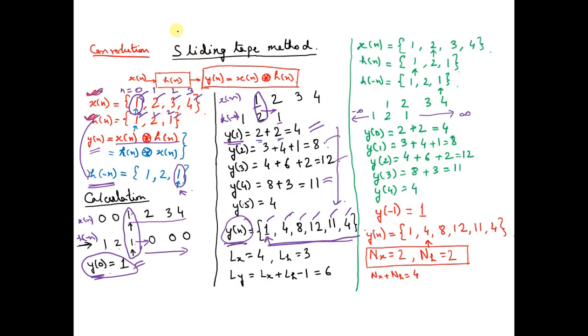So we are having 4 plus 3. Here if you see we have got only 6, that means minus 1, it would be 6. So if you generalize it, length of y would be equal to length of x plus length of h minus 1, that would be your 6. Okay.